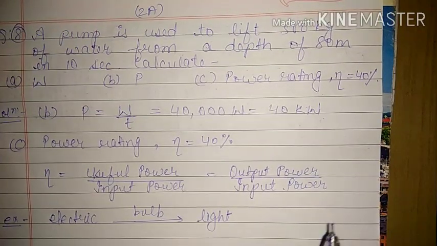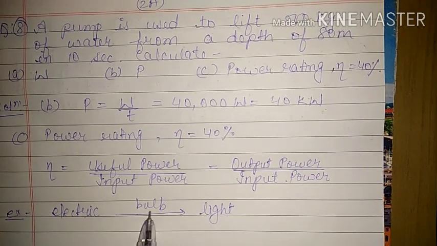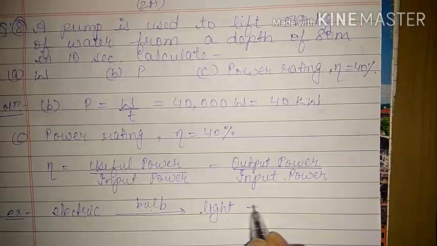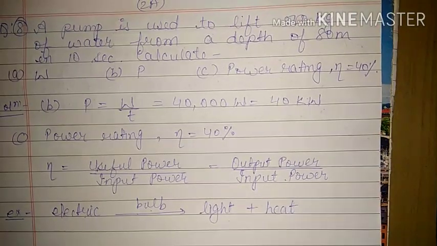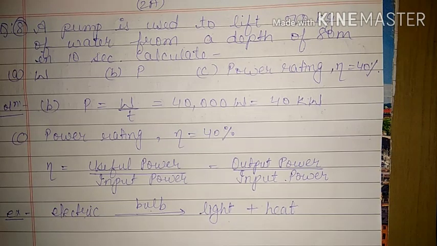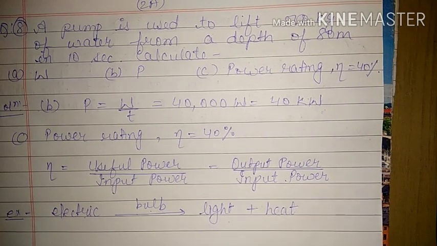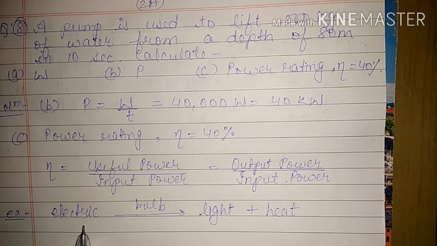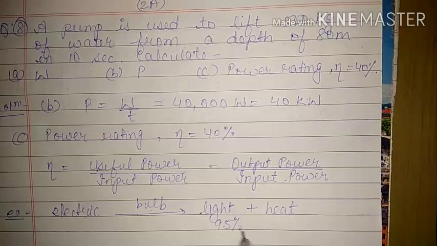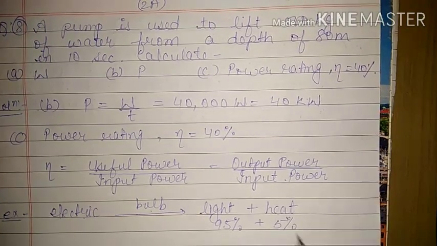That means actually we want to use electric current to glow the bulb and we want light. But along with light, some amount of heat is also produced, because of which after some time of working, the bulb becomes hot. So suppose you have given 100% electrical current, out of that 95% is used as light, whereas 5% is wasted in the form of heat.